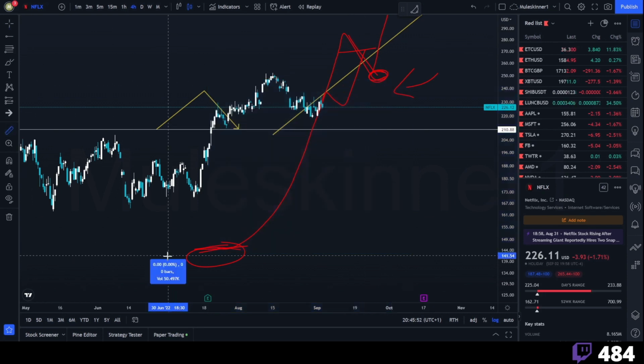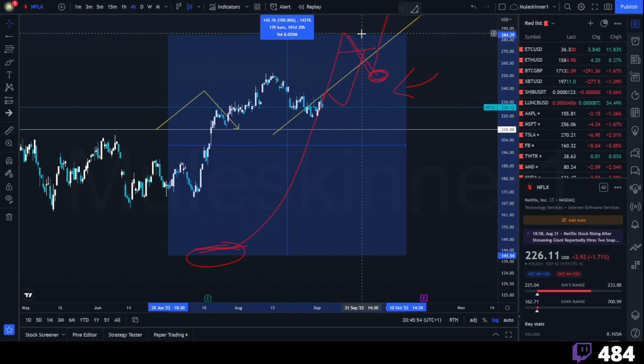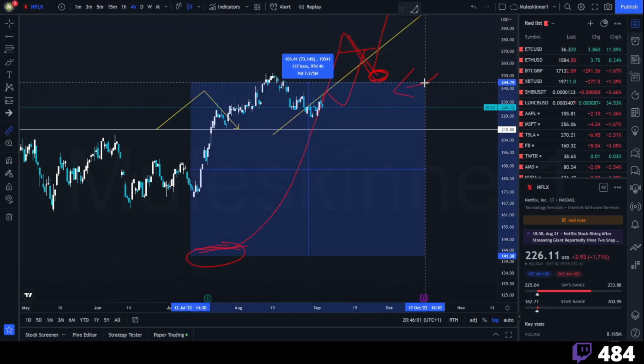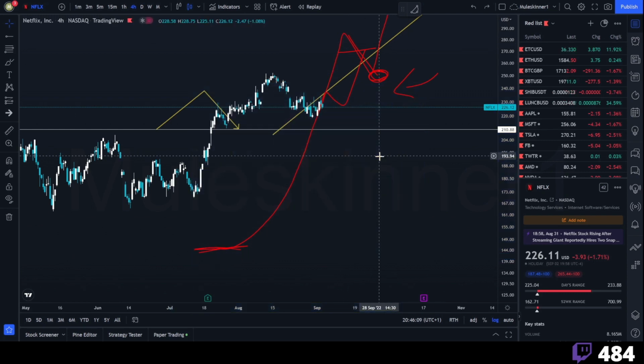So in this case, as an example, let's say this is a 100% move, it dumped what? 12%. So I'm still 70 something, 80 something percent profitable in a 100% move. So that's why I have not closed that trade.